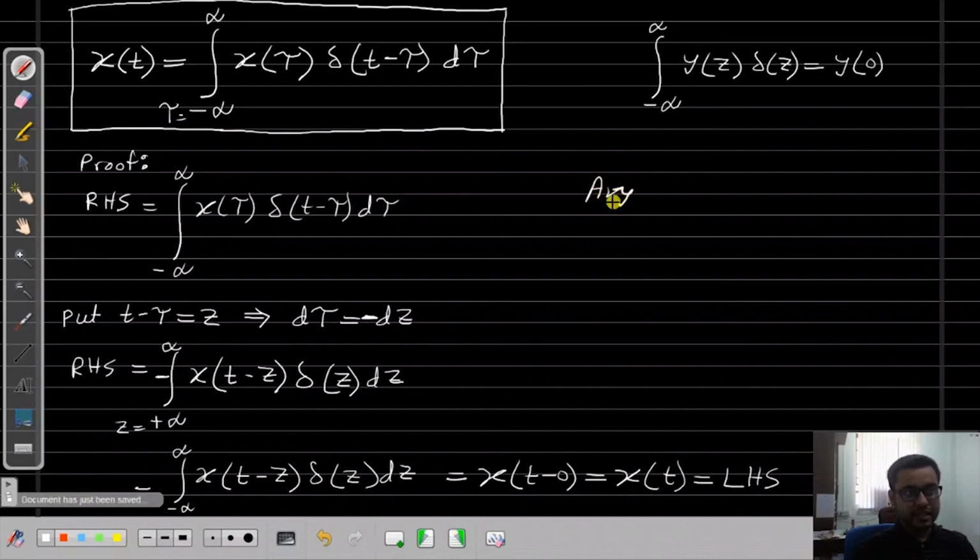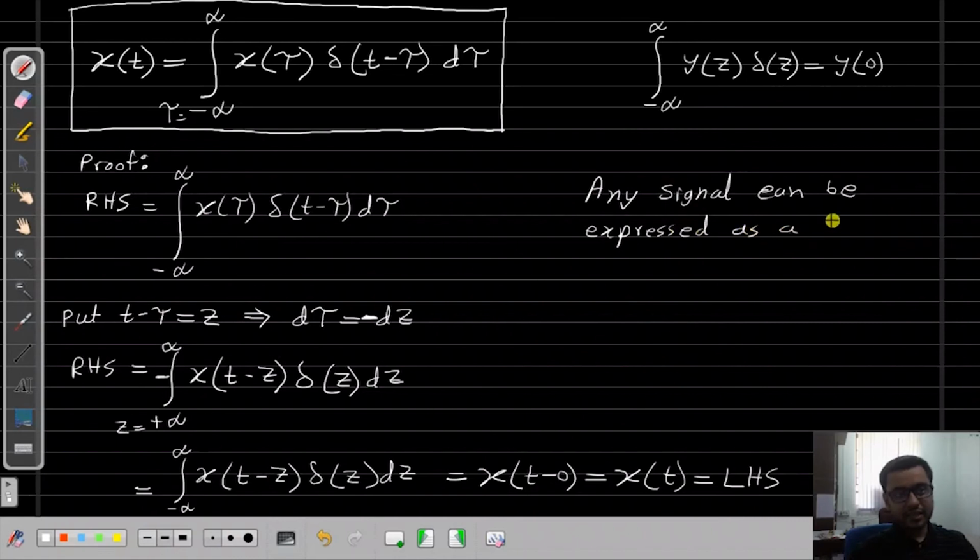Any signal can be expressed as a sum of impulse signals, like this, a sum of time shifted impulse signals you can call it.